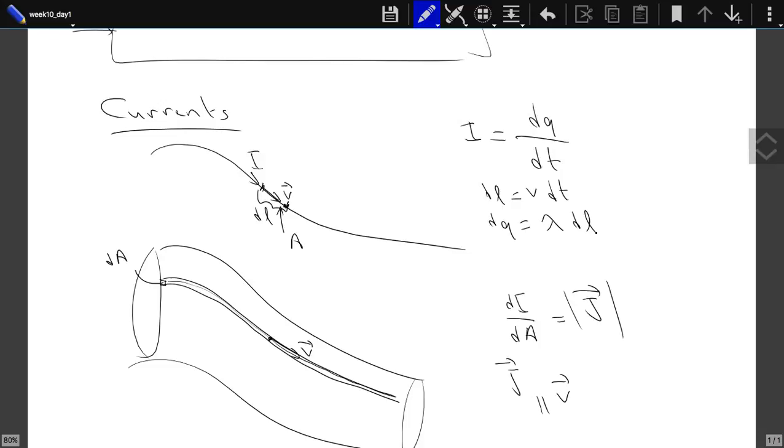This is what will be the total charge in that length. And hence, this is the charge that passes through this point A in a time dt.